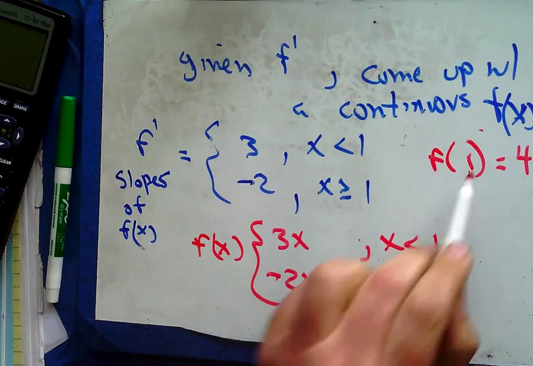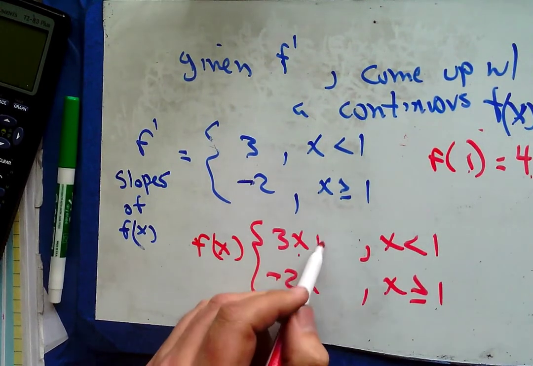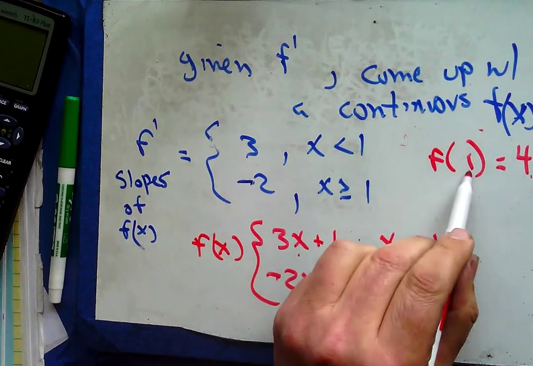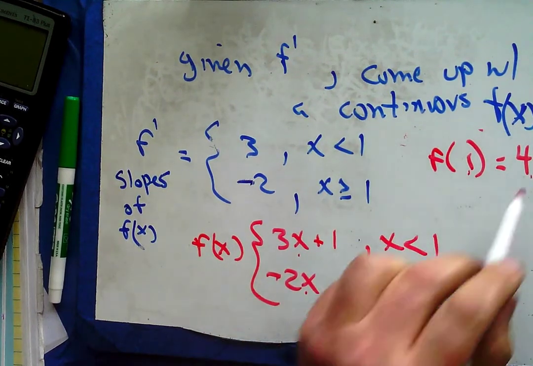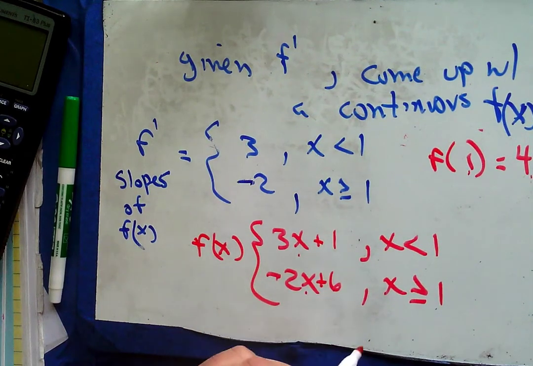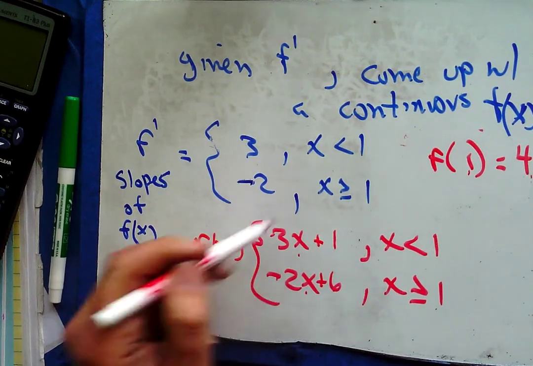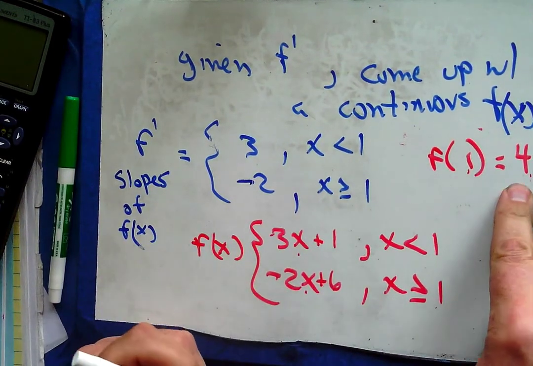If I plug in a 1 here, I should get 4, but I don't, I get 3, so I better add 1. If I plug in a 1 here, I should get 4, but I don't. I get negative 2, so I have to add 6. So this f of x has f of 1 equals 4.